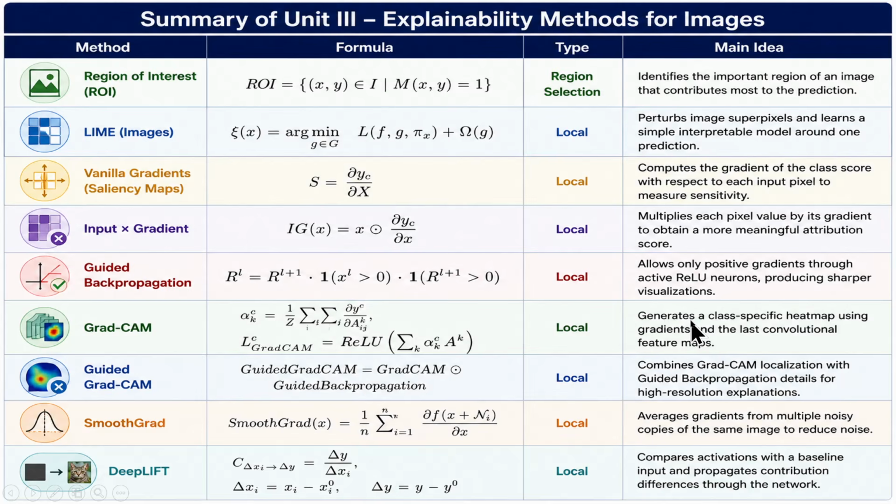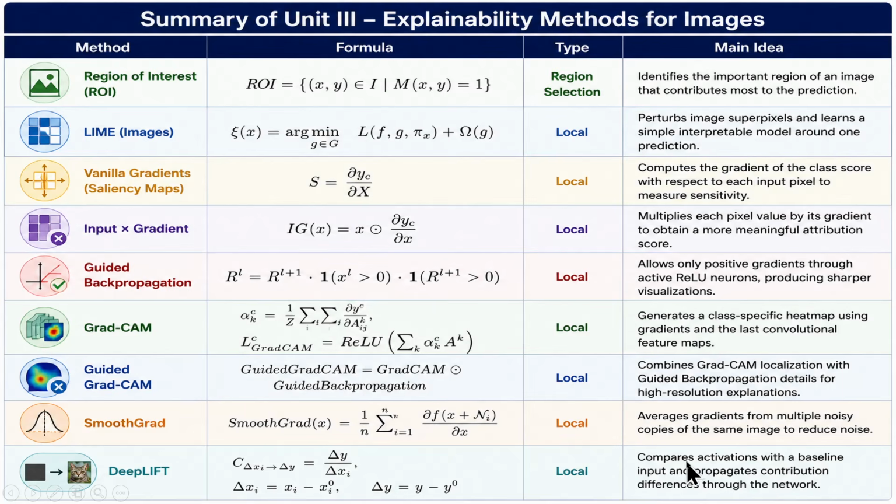This one, GradCAM, generates class-specific heat maps. Guided GradCAM combines GradCAM with guided backpropagation. SmoothGrad averages gradients from many images. It creates multiple variations of images by adding a little noise.